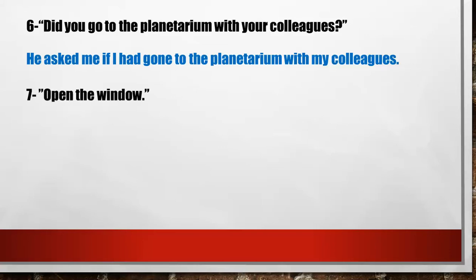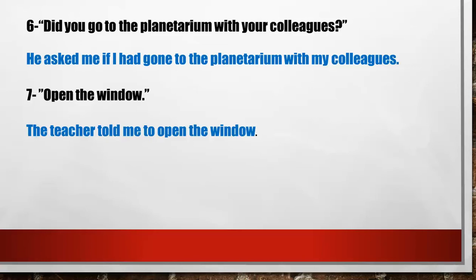Another type of sentence, it's a command. Someone gives you instructions or asks you to do something. Open the window. The sentence begins with the base form of the verb. How can I change it into reported speech?